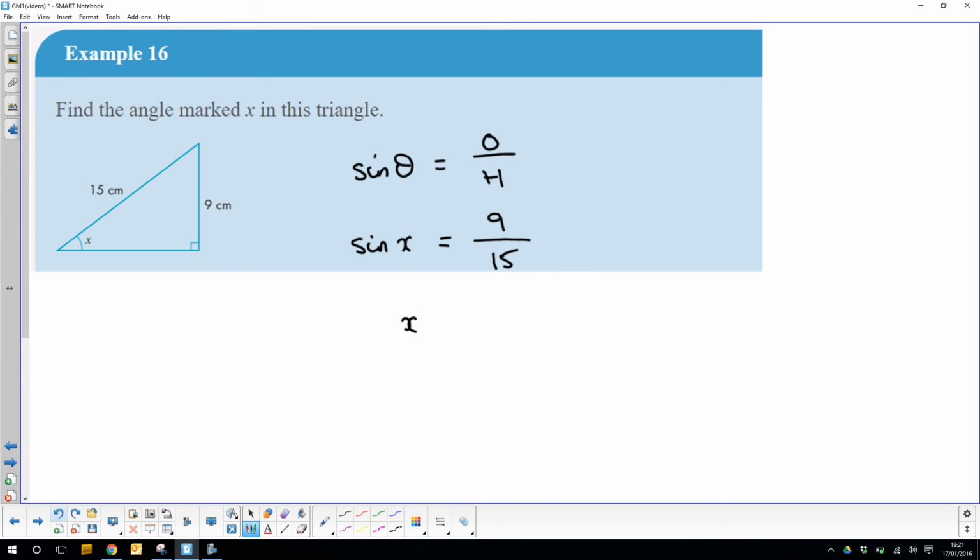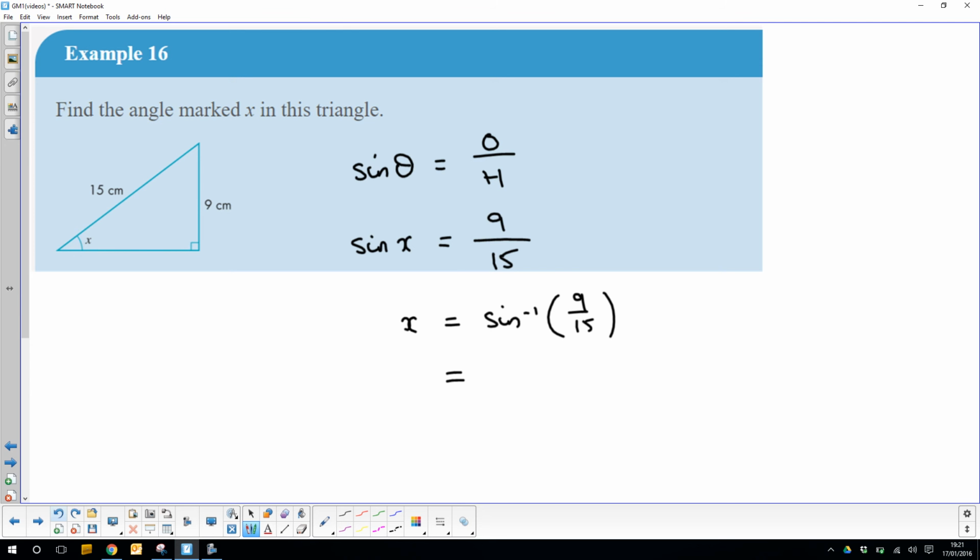Actually, strictly speaking, that's not very good maths, okay? But we won't go into the details. It's perfectly acceptable for you to write x equals sine minus 1 of 9 over 15, as you did in one of the previous exercises when you were working things out. When you were finding the angle, you did sine minus 1, and then we would go from there.